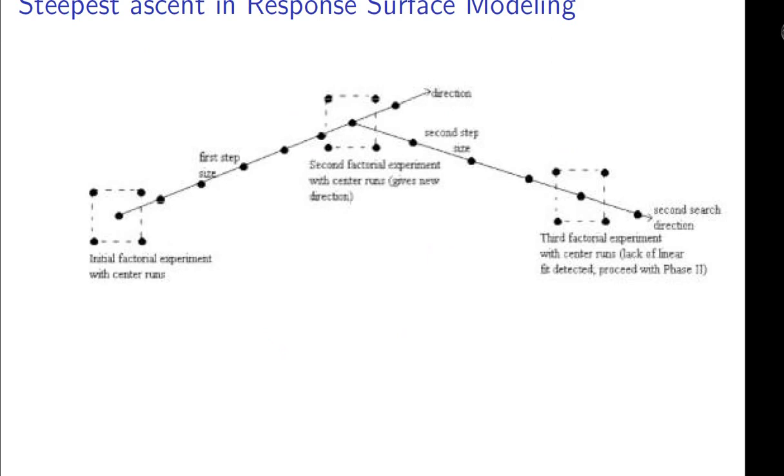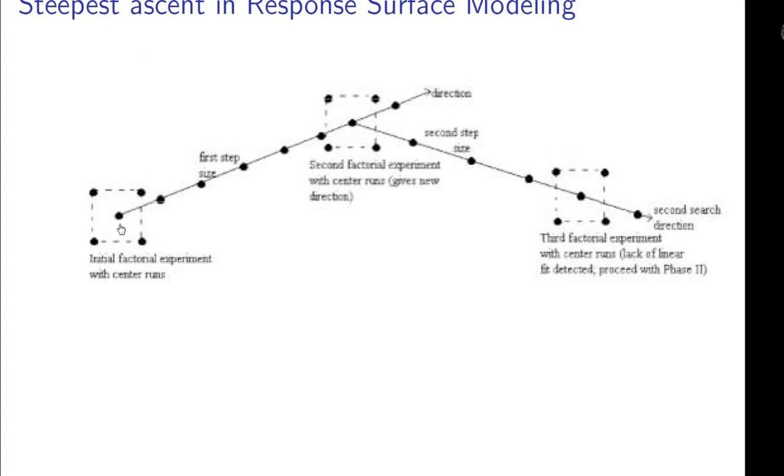I apologize for the fact that this picture is slightly out of focus, but I think you can get the idea. This depicts graphically the situation that we've just described. Let's start over here on the right, and you see that these four experiments that I'm circling with the mouse pointer represent an initial fractional experiment.